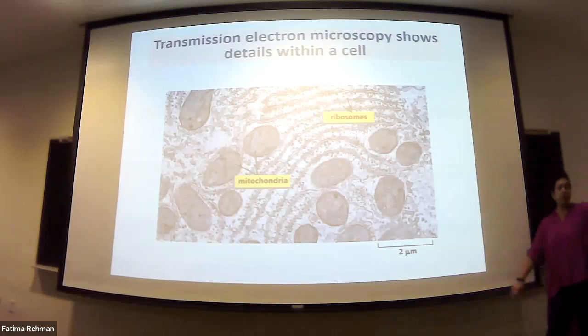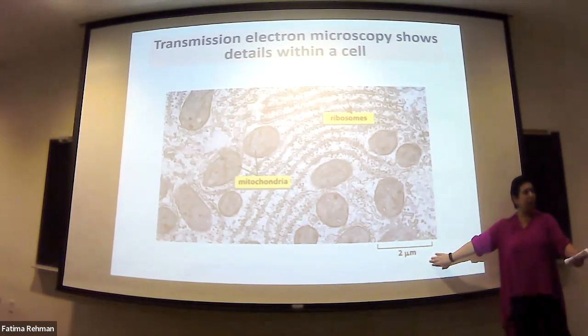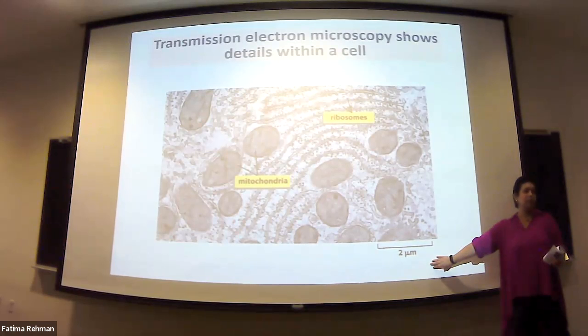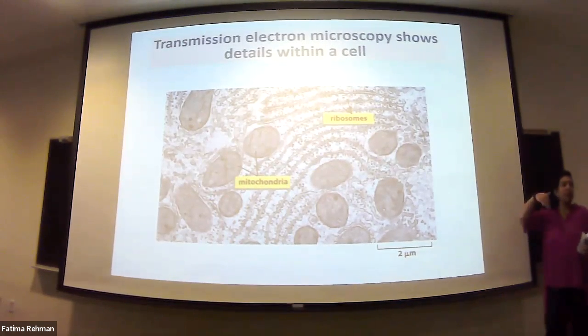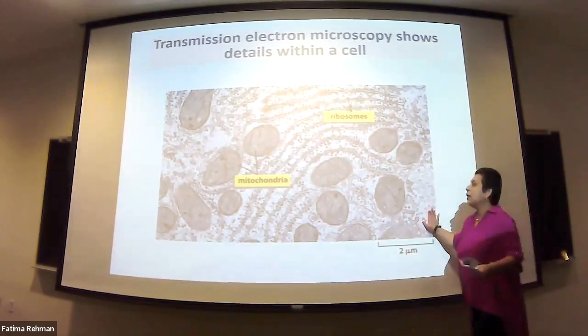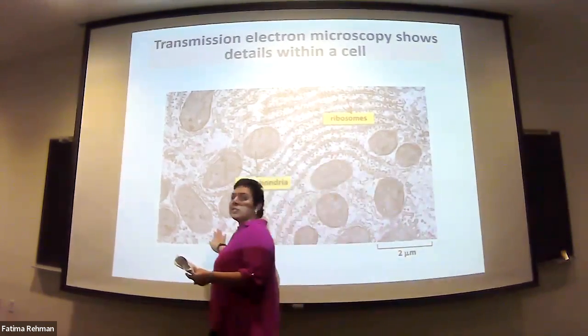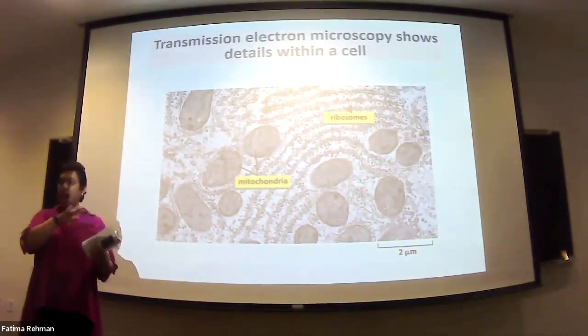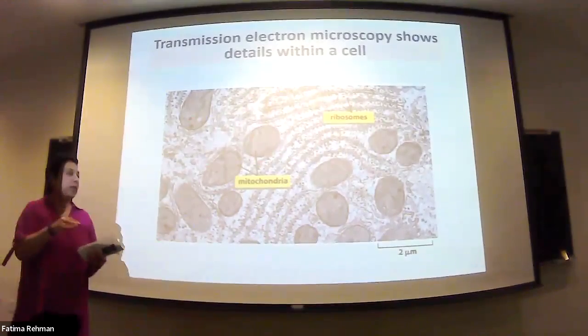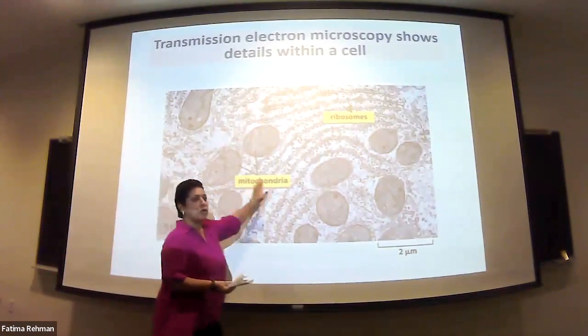Now, this is where something that you were talking about can be done without using additional microscopy, right? In a transmission electron microscopy, you can see details within the cell. Typically, what you do is create a cryofrozen structure and you slice it open, so it's going to look at that cross section.